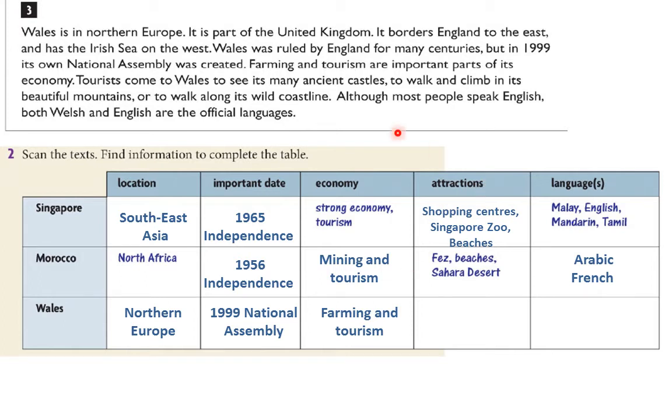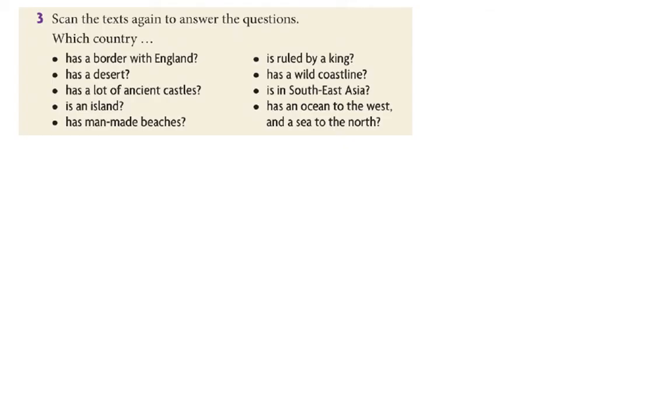Regarding the attraction places, tourists come to Wales to see its many ancient castles, to walk and climb in its beautiful mountains, or to walk along its coastline, ساحل البر. And regarding the language, people speak English. Both Welsh and English are the official languages. So we have two languages here, English and Welsh.